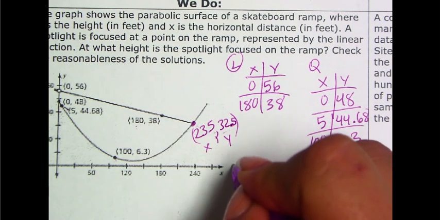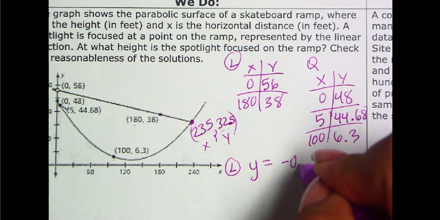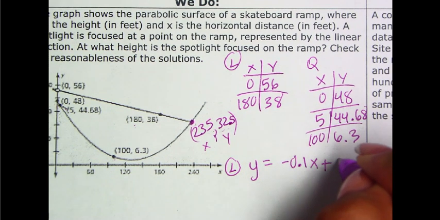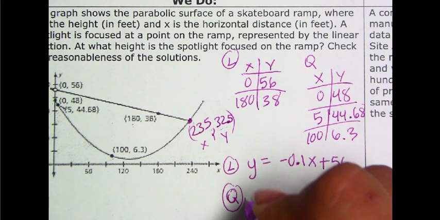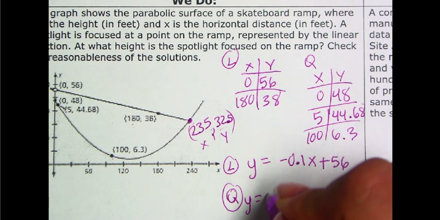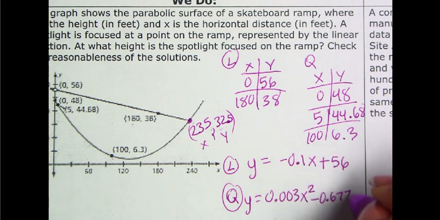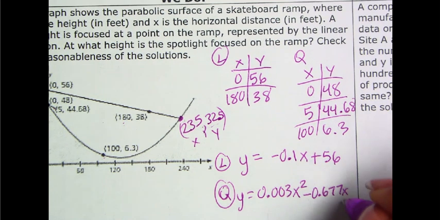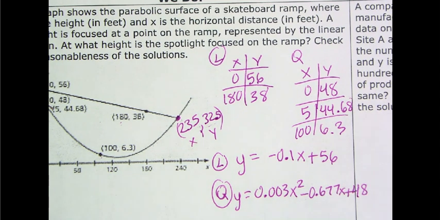The equation for the linear is y equals negative 0.1x plus 56. And the equation for the quadratic is y equals 0.003x squared minus 0.677x, I'm sorry, not x squared, just x, plus 48. I ran out of space, but it's there.